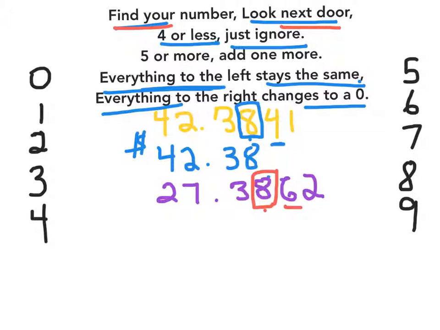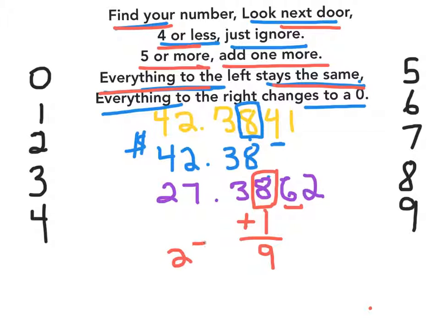While we look next door, 4 or less, and the 6 does not fall into that category. It falls into the 5 or more category. 5 or more, add 1 more. So we're simply going to add 1 more. So 8 plus 1 is 9, while everything to the left stays the same.